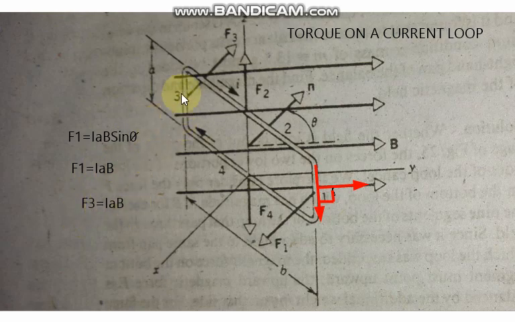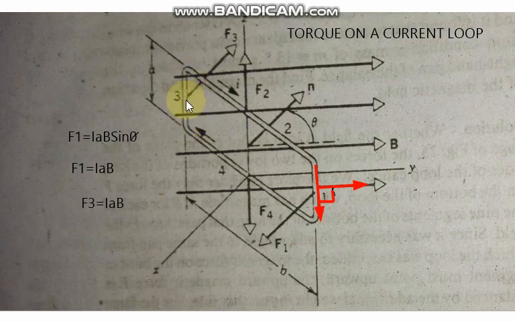But what about the direction of the force acting on this loop? Again, using Fleming's left hand rule, stretch the first finger of your left hand in this direction, that is the direction of B, and your middle finger should point up in the direction of the current.